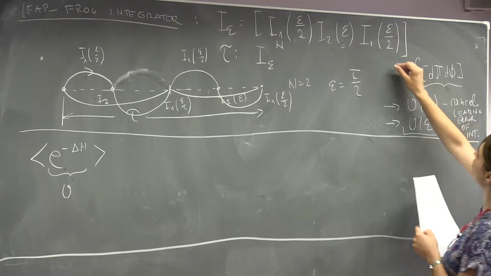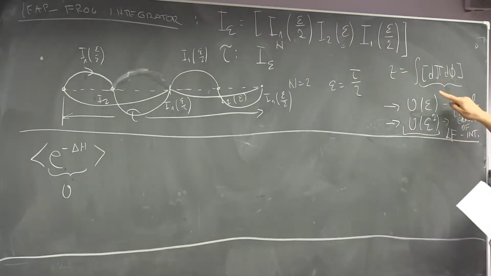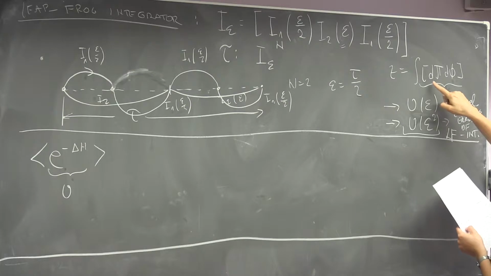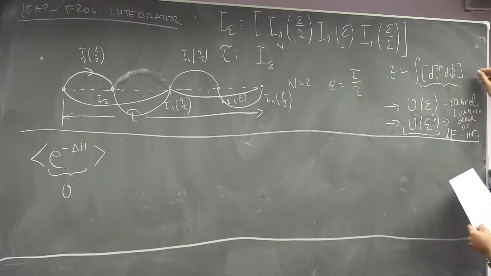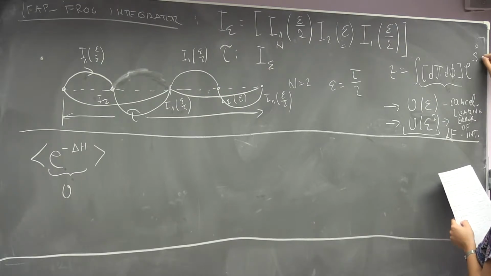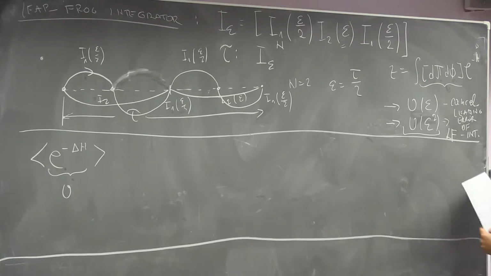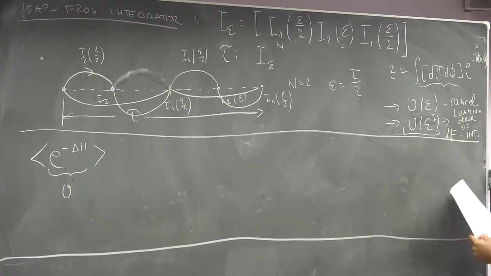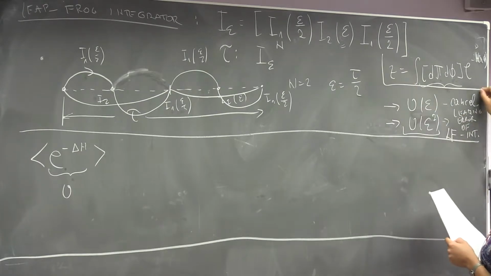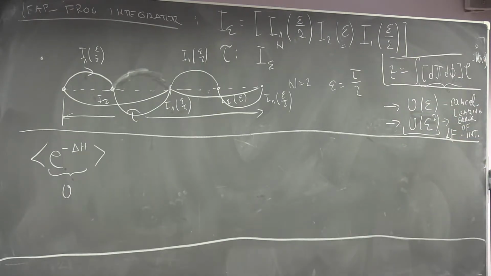So our partition function now looks as an integration over this auxiliary momenta function times d phi times e to the minus our Hamiltonian, which is a function of phi and pi.